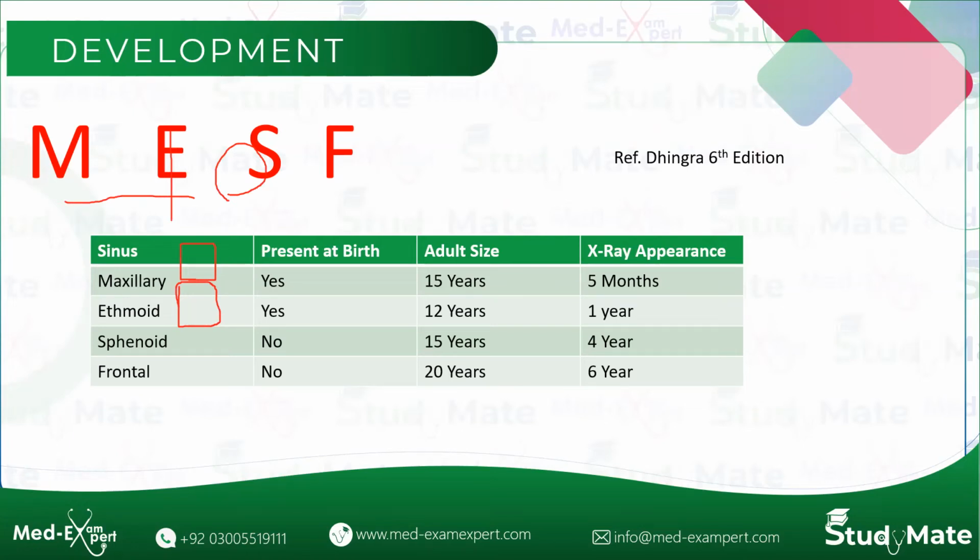Maxillary sinus are the first to appear on X-ray by the age of 5 months, whereas the frontal are the last to appear on X-ray by the age of 6 years. और frontal sinus जो होता है, it reaches the adult size in the end by the age of 20 years.